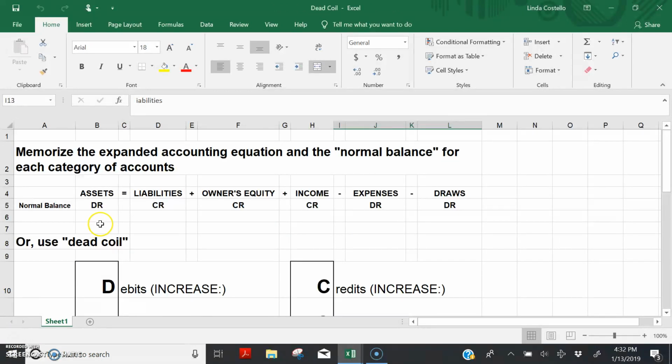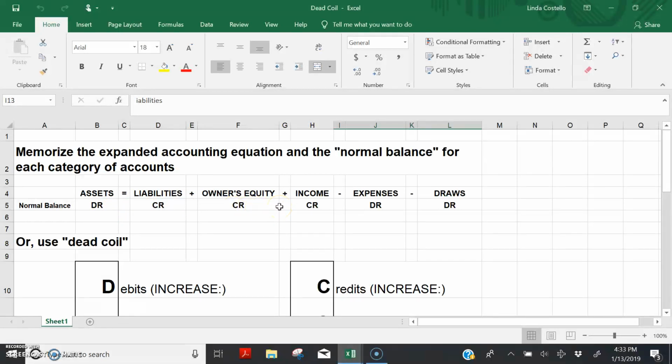When I went to school a long time ago, I was asked to memorize the expanded accounting equation, which, by the way, I am asking you to do. Please memorize this expanded accounting equation. I was also instructed to memorize the normal balance for each account category.